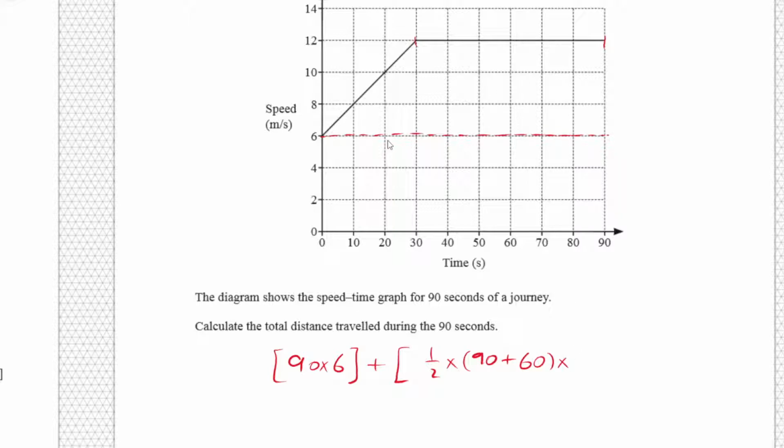In this case, the height is from 6 to 12. That is 6. 90 times 6 is 540, plus all of that is going to be half times 6, which is just 3. 3 times 90 plus 60 is 450.